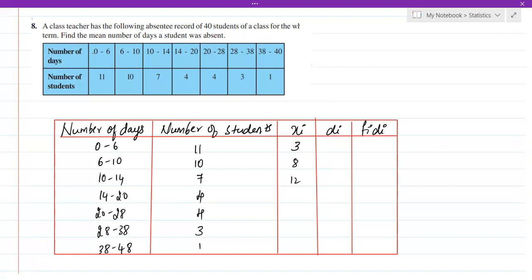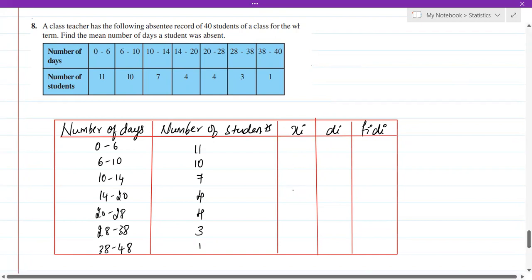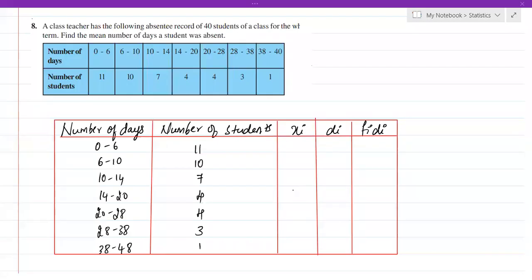Then it is 14 plus 20, that is 34, 34 by 2 is 17.